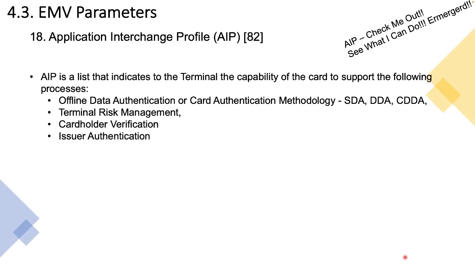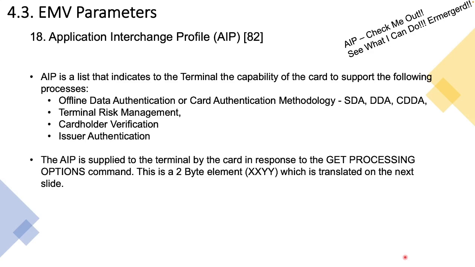I as a card, I support the use of terminal risk management within the transaction. As a card, I support cardholder verification, and I support issuer authentication. So I'm in a position to be able to run my own validations to ensure that anything I receive back from an issuer, I'm in a position to actually verify that I've actually received it from a genuine issuer.